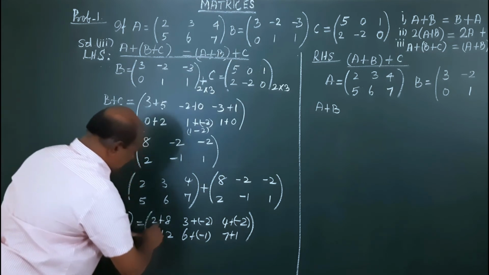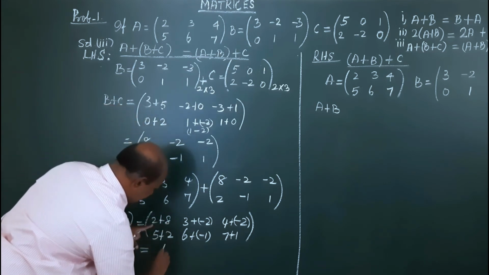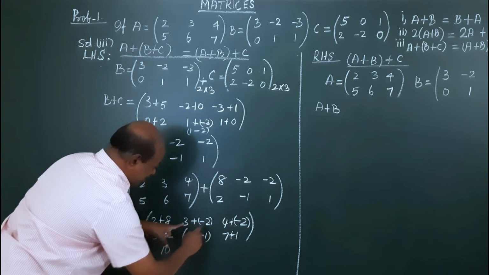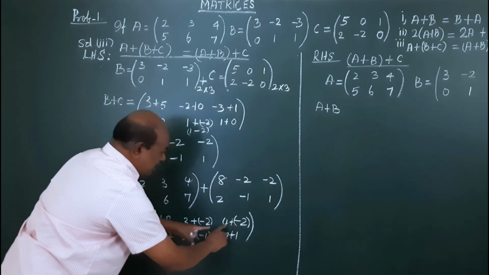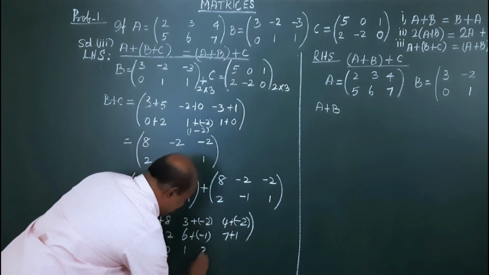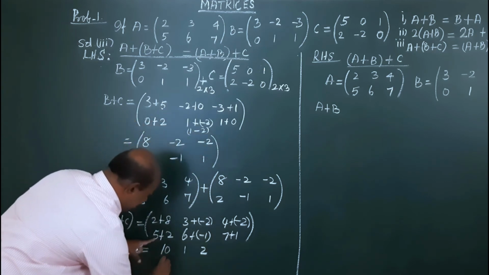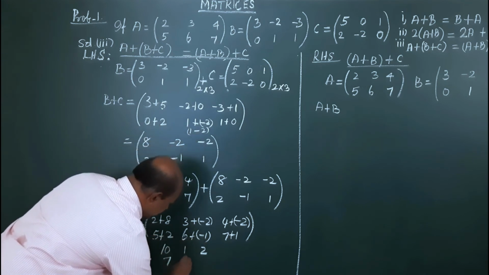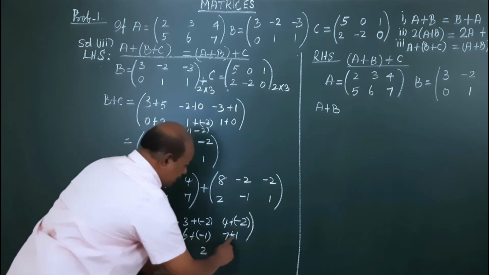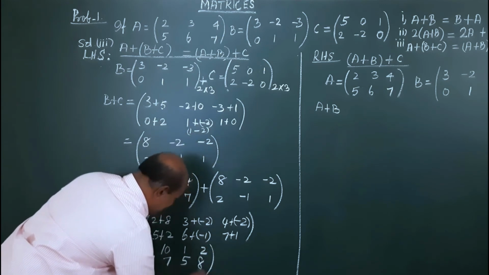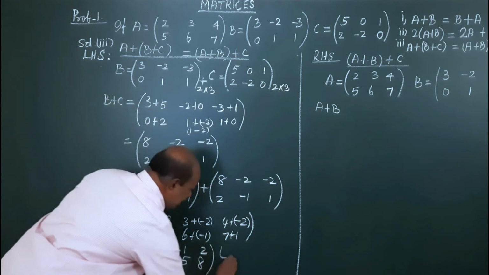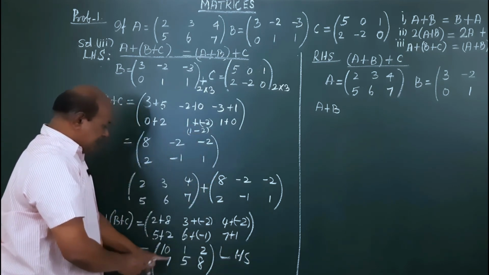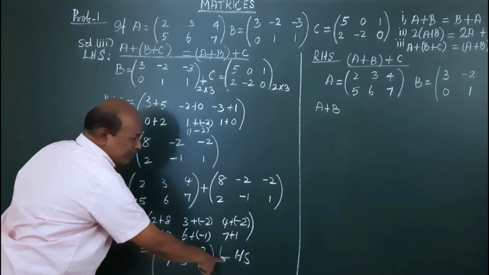Now it is equal to 2 plus 8, 10. 3 minus 2, 1. 4 minus 2, 2. 5 plus 2, 7. 6 minus 1, 5. 7 plus 1, 8. That is the left hand side. A plus (B plus C), that is this one. This is the left hand side.